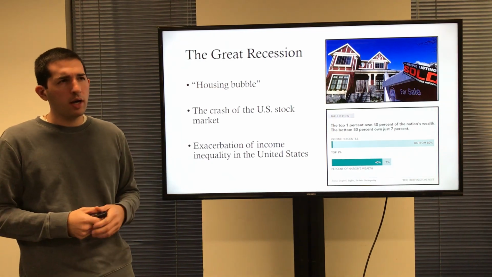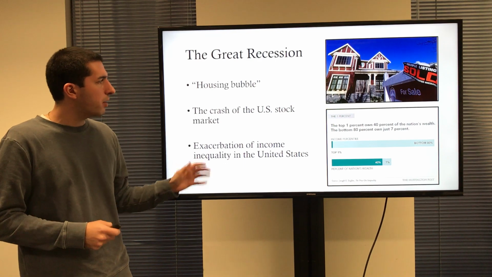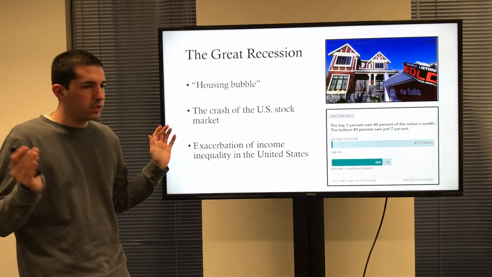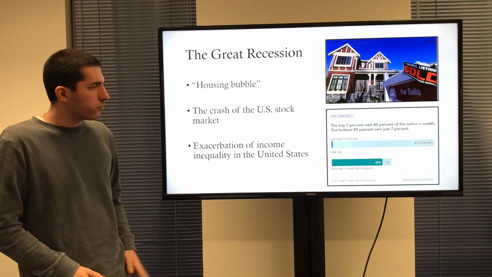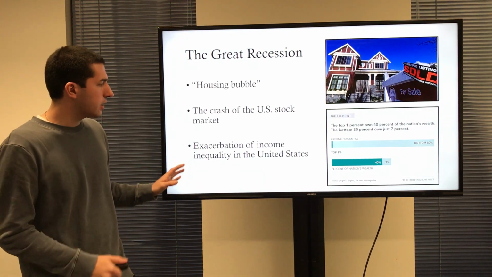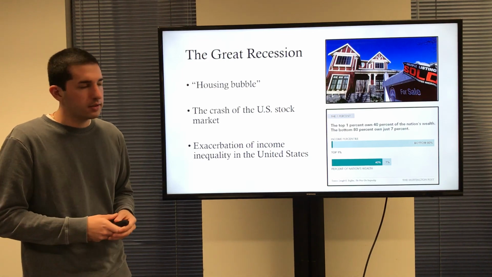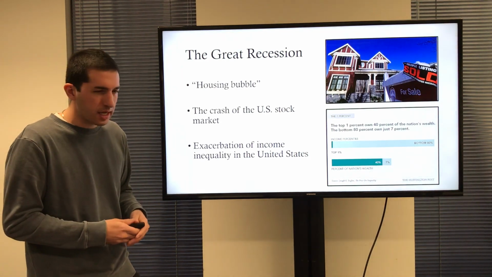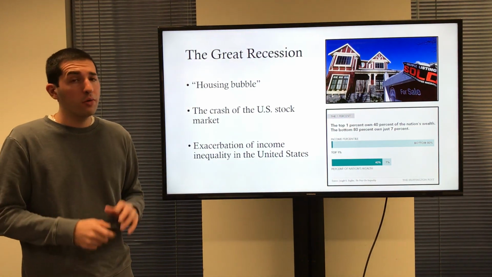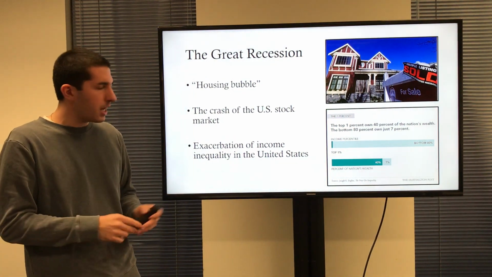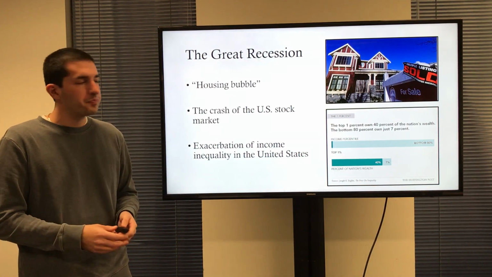From September of '08 to March of '09, the American stock market, the U.S. stock exchange, was cut in half in terms of its holdings, and so unfortunately what this did was it exacerbated the income inequality in the United States, where we see now that the top 1% own 40% of the nation's wealth, and the bottom 80% owning just 7%.